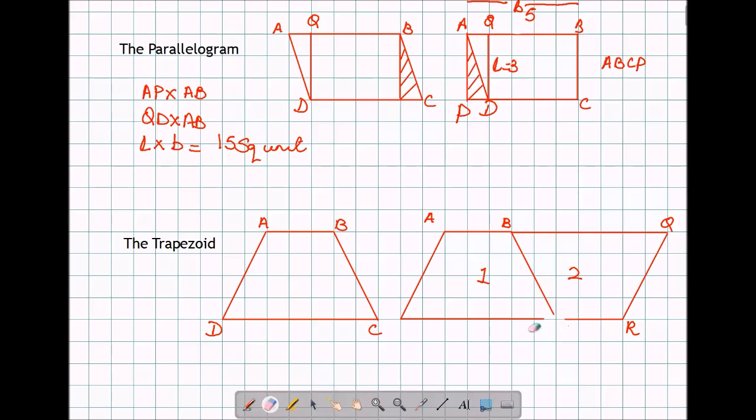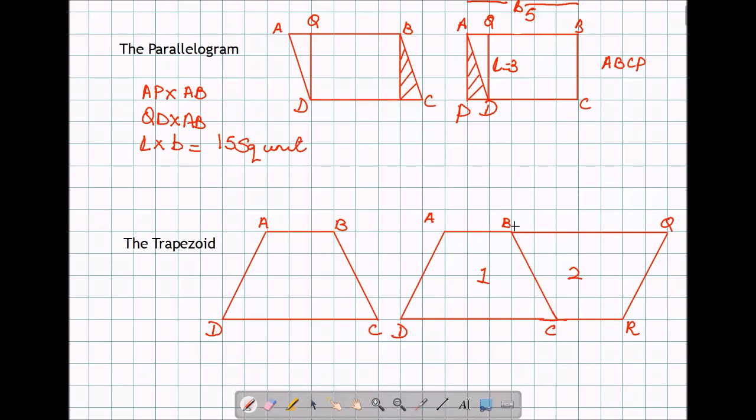So this will become RC. Please consider it as a straight line, and this again as T. The area of the second trapezoid is the same as that of the first one, I have just flipped it around.